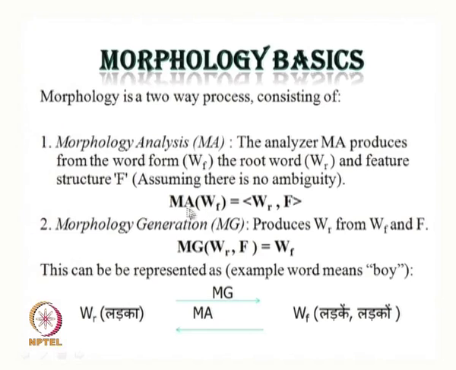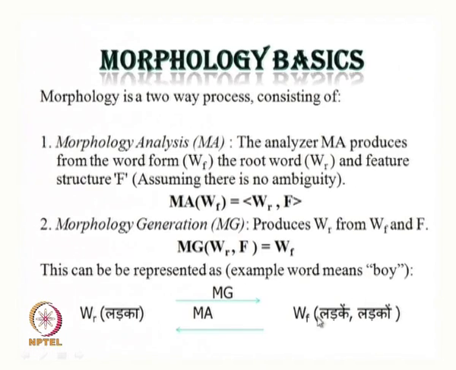So, mathematically speaking, MA is a function working on WF, the word form, producing the root word WR and a feature set for this analysis. Morphology generation MG is a reverse process. It takes the feature information and the root word and produces the word form. So, this can be represented here as an example.